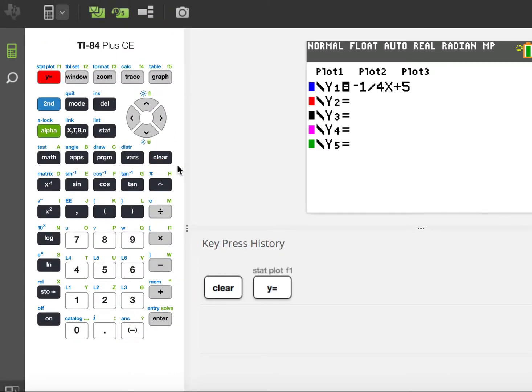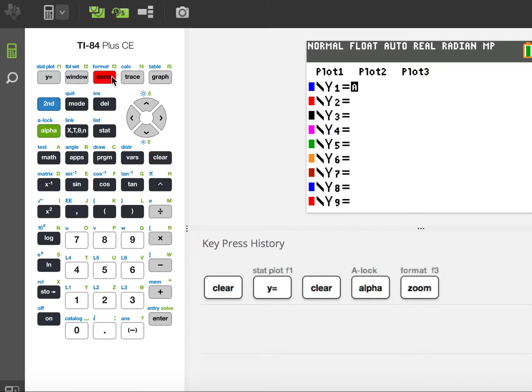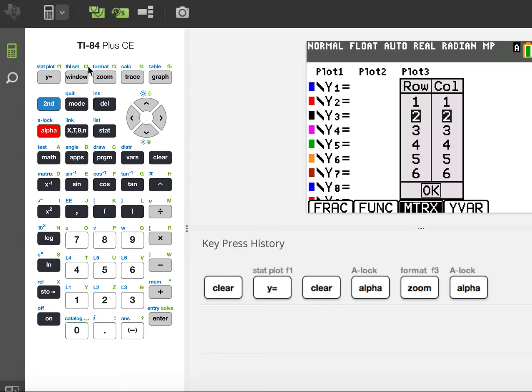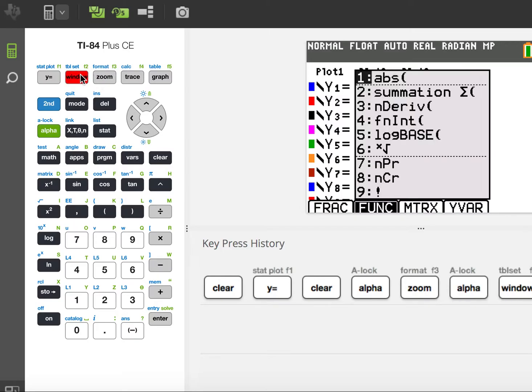The way I do it, I go into my graph here. Now if you have a TI-84, then you can do this. Most of you do. You press alpha F3, no, sorry, alpha F2. See, so sometimes I forget. I don't always know where I'm going, but it's alpha window, so alpha F2, and it brings you this list.